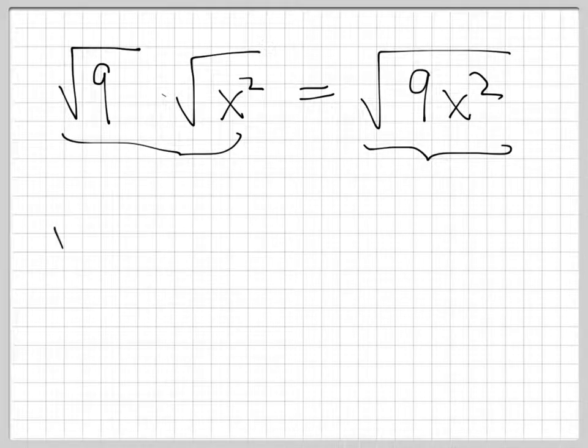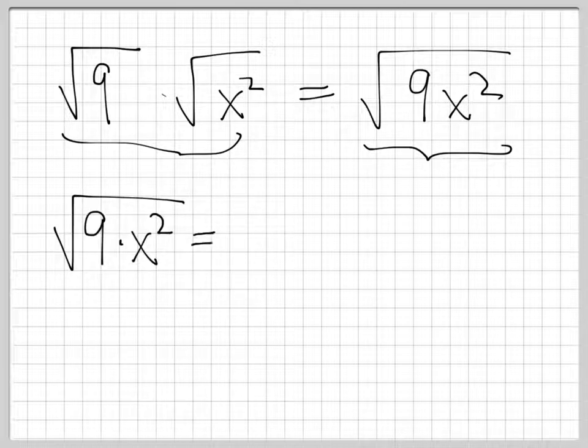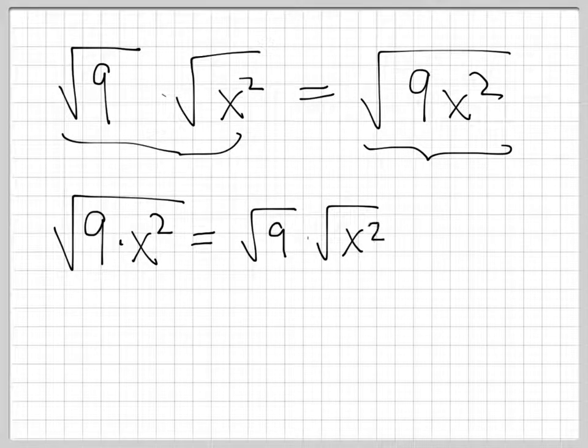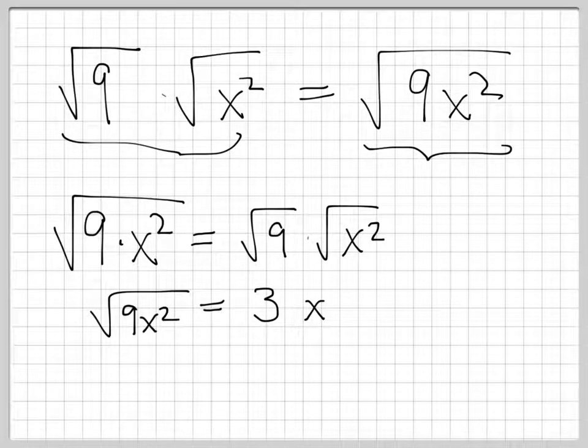And so most of the time we're going to use this rule to do the following. Switch it up. Take the product underneath and write it as two radicals. The square root of 9 is 3, the square root of x squared is x. And so radical 9x squared is just 3x.